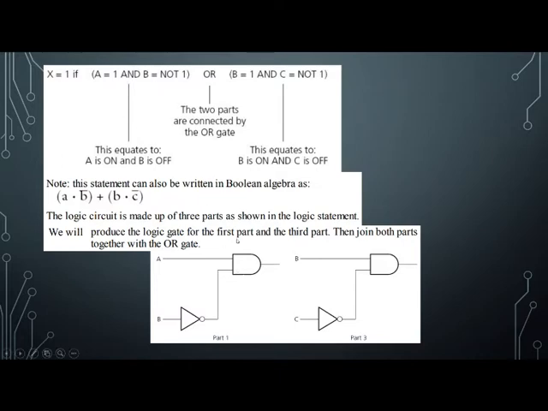First of all, this is the AND gate symbol, and B is using the NOT gate, so we write like this, and then this output goes inside this one. And part 3 is like this, similarly with the B and C inputs.